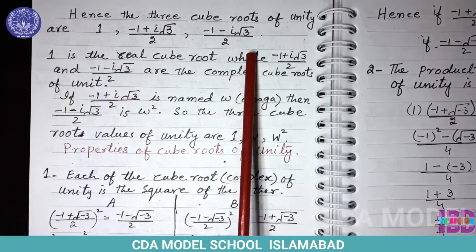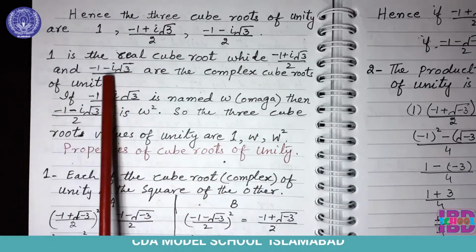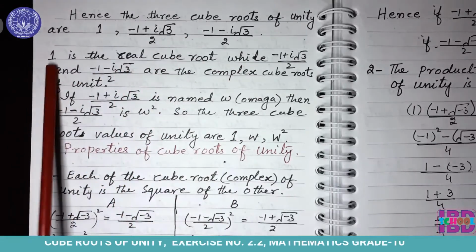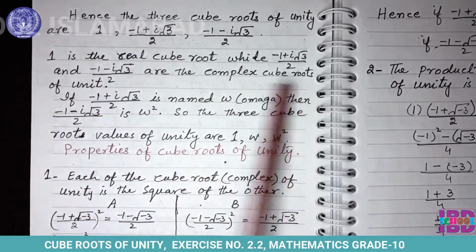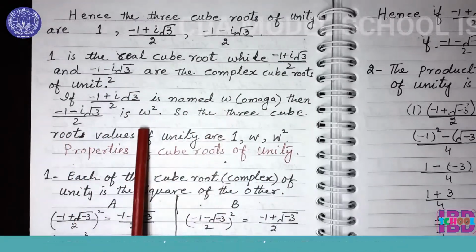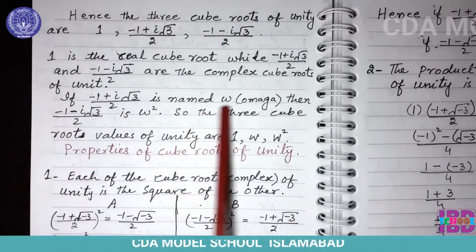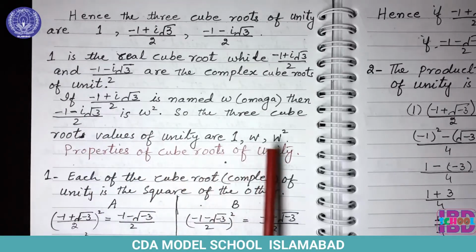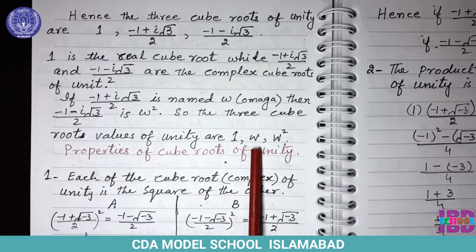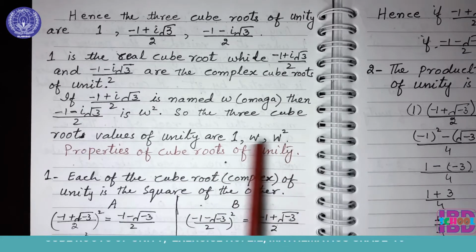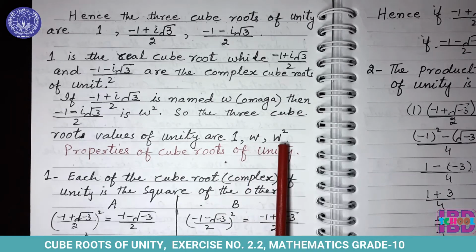In general, if one imaginary root is w, that is omega, then the other root is w square. So the roots of unity are also represented as 1, w, w square, that is 1, omega and omega square.